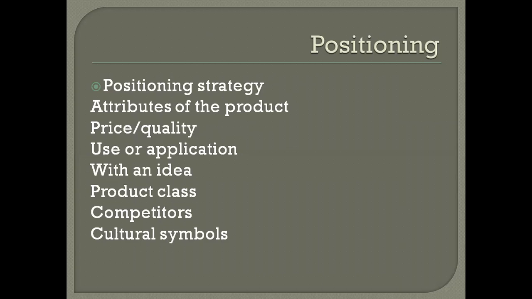Product class, product class means freeze-dried coffee, or you can say frozen food. Suppose you position your product in such a manner that the product is regular, or the product is specific. Or I have another example of dried milk.